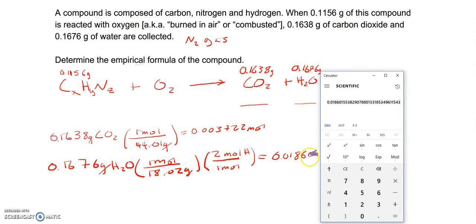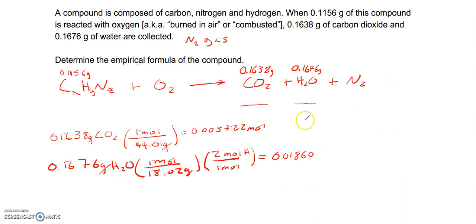Okay, and that's moles of hydrogen. This one right here is moles of carbon. This is moles of hydrogen. If we have moles of carbon, moles of hydrogen, and moles of nitrogen, we can relate these to each other to figure out the empirical formula. We do not have moles of nitrogen given to us, though.